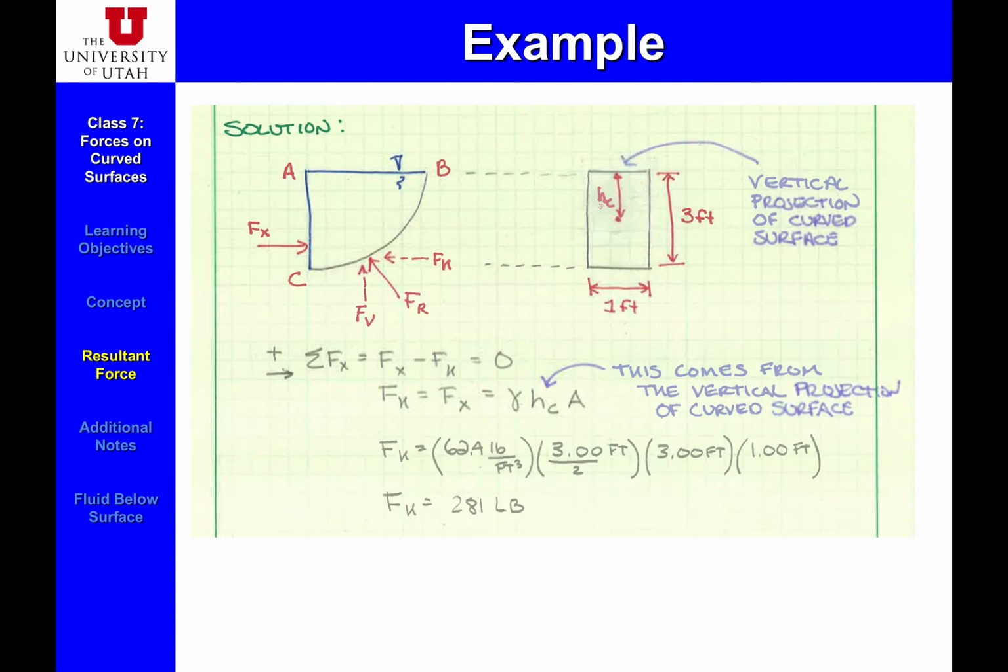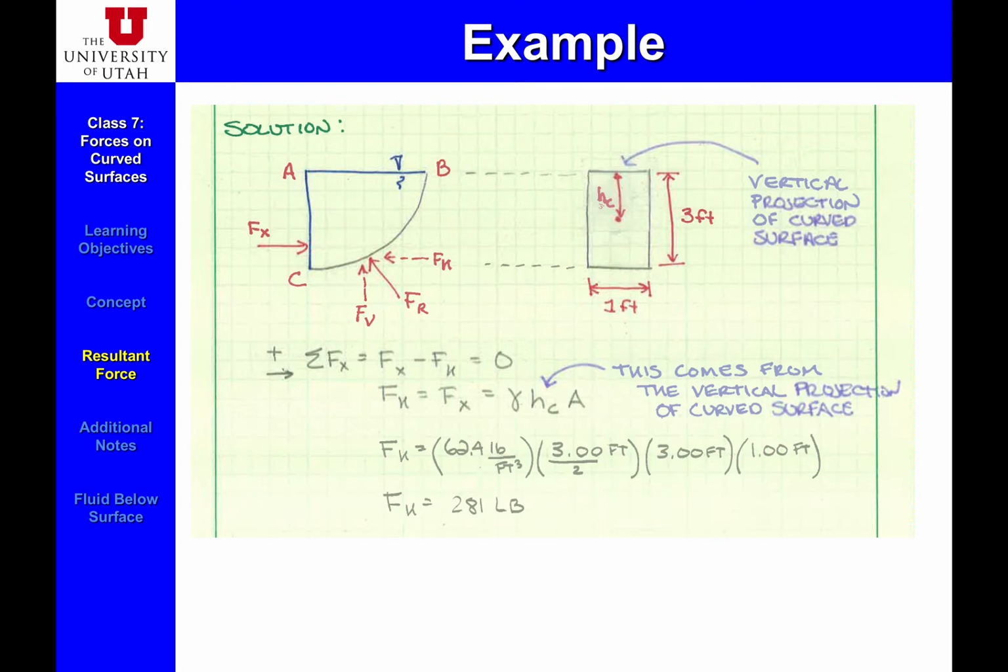We have the horizontal and vertical force. So that curved surface, the FH and FV are the boundary, the storm sewer pipe acting on the water inside that storm drain. We have FX acting on our body because we have that fluid that's acting in the X direction.